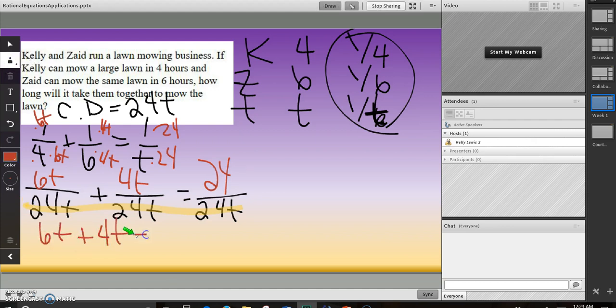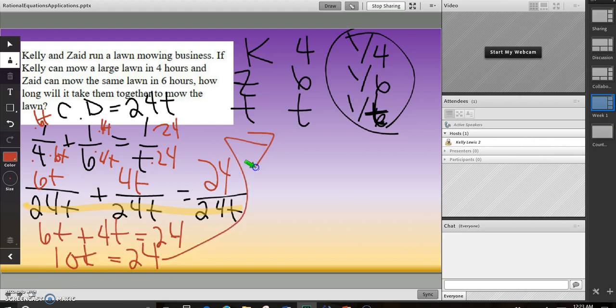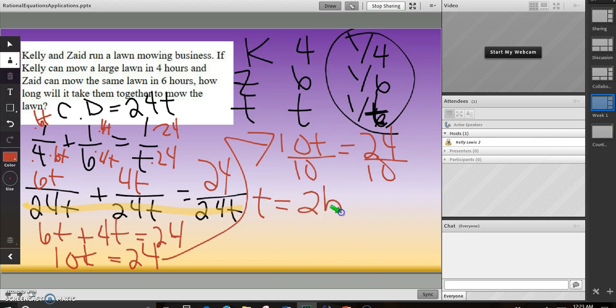So we have 6t plus 4t equals 24, which is really 10t equals 24. So t equals 24 divided by 10. So we get 2 hours, and then 4/10.